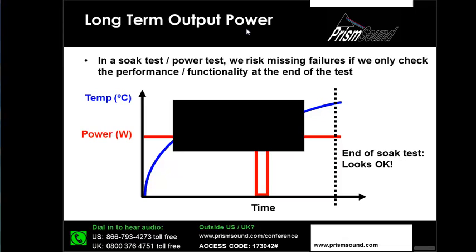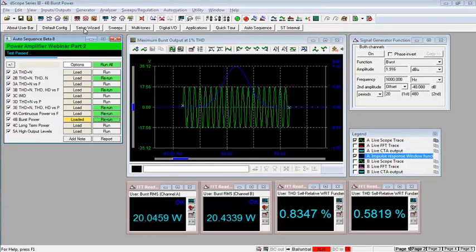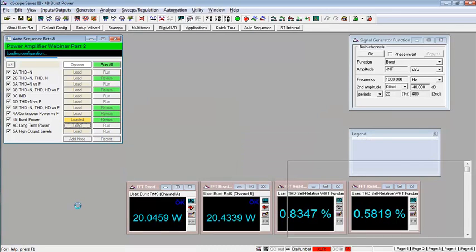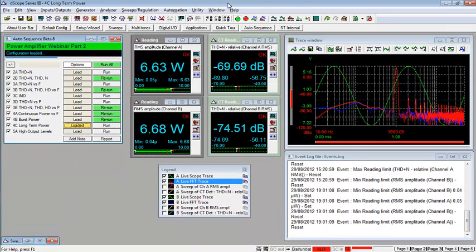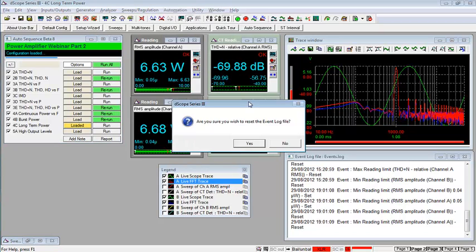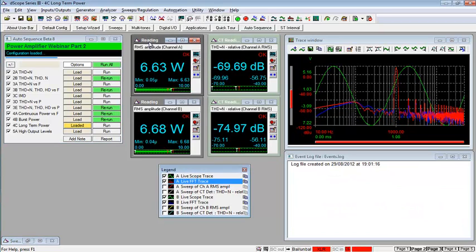But what we can do here, and I'll show you this now, is to actually run a long-term output test from the DScope Series 3 system without having to invoke any external data logging equipment or anything like that. So what I'm doing here is I'm monitoring my output power. This is currently running at about 1/3 rated output power, just under 7 watts in this case, and I'm monitoring the THD+N.